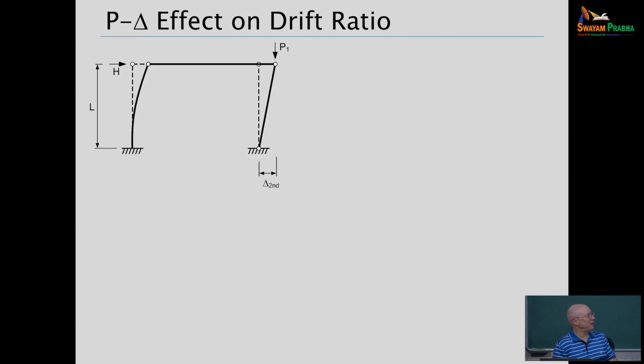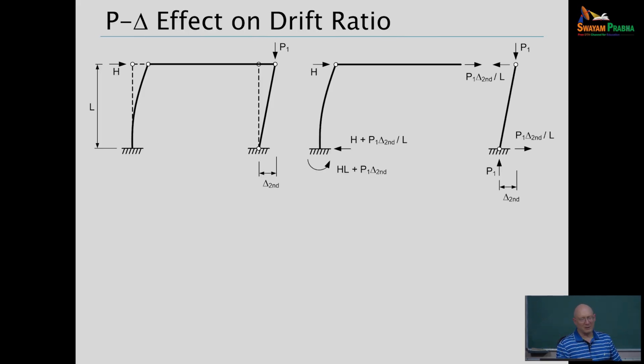We have a story shear or a lateral load on the story H, and the question is, okay, so what is the second order deflection, the story drift, delta second, given these two loadings on our story? So let's subdivide our frame here into two free body diagrams, one of the leaning column.